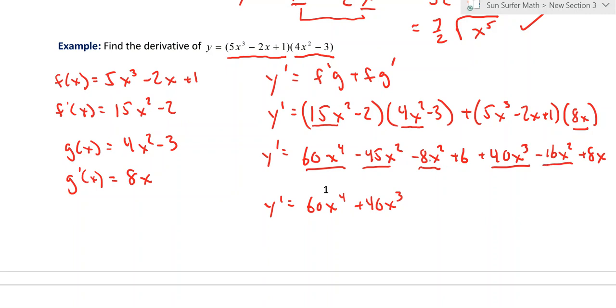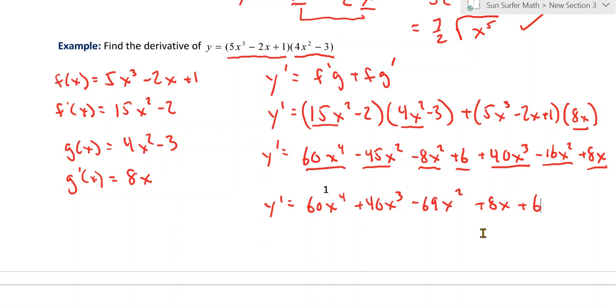So this would be a negative 69. I sure hope I don't make any arithmetic mistakes here. 45, yep. And then we have a plus 8x from here, and then 6. Okay. And that would be the derivative.